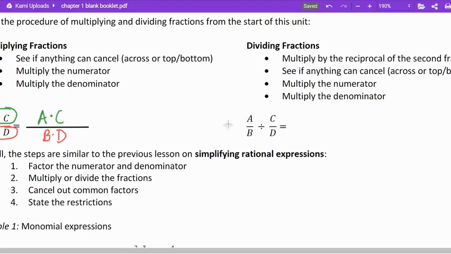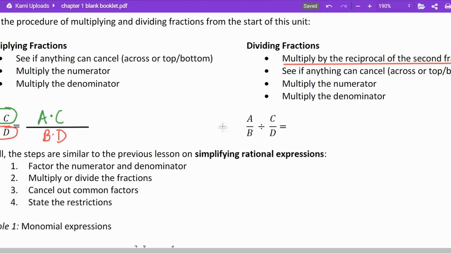Now dividing, almost there. The one difference is that when we are dividing fractions, we multiply by the reciprocal of the second fraction. What do we mean by that?